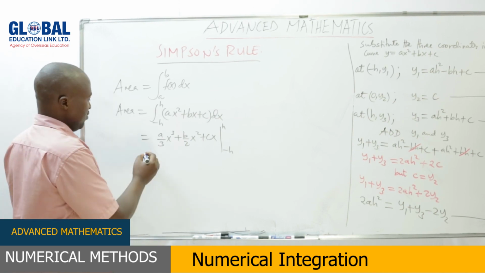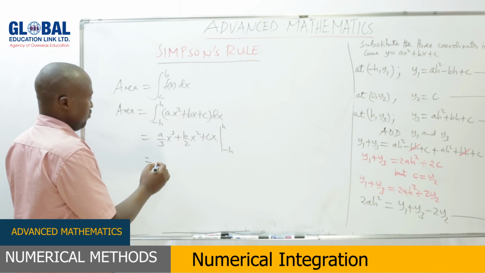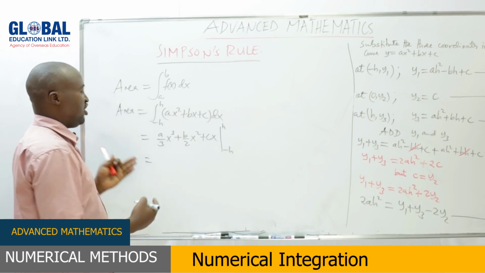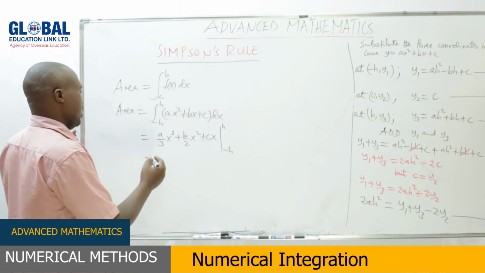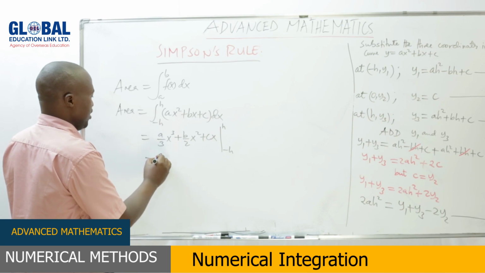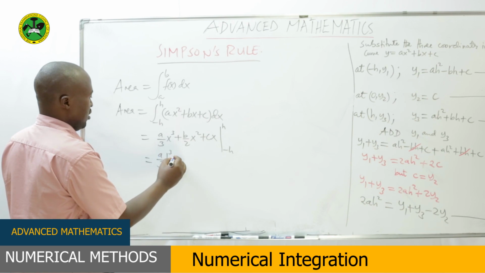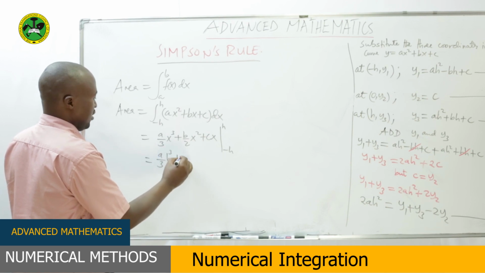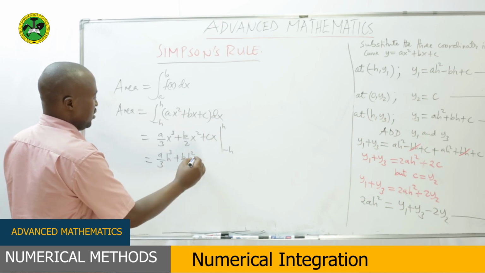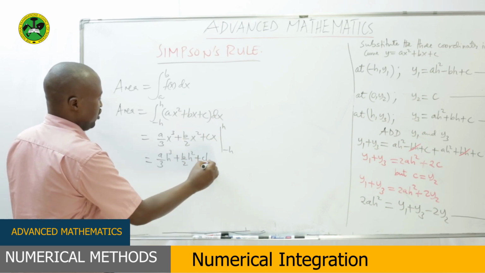Now in this case, if we substitute h in our expression, it will be a over 3 h cubed, again plus b over 2 h squared, then plus ch.